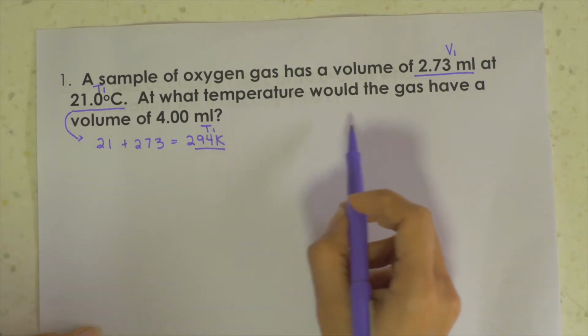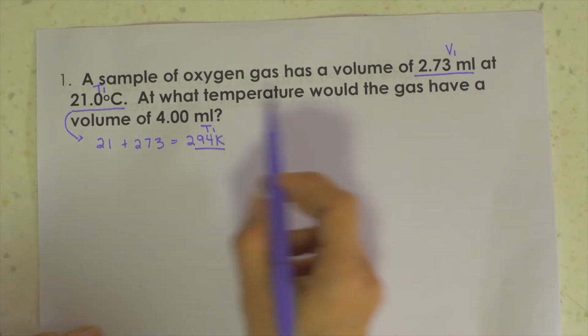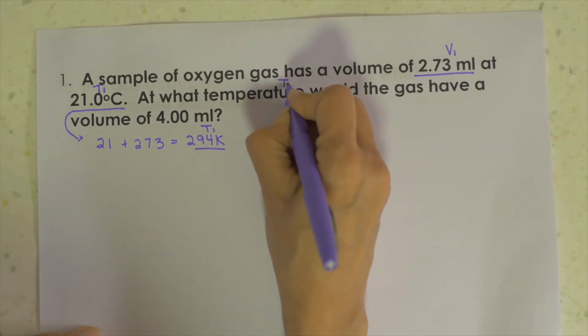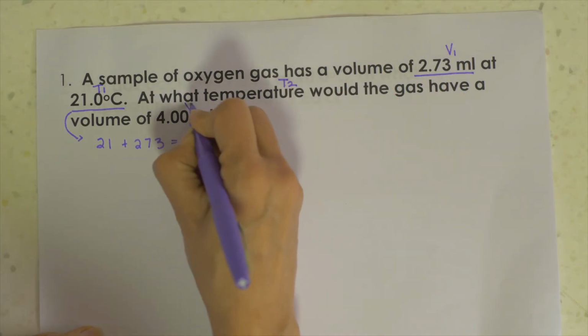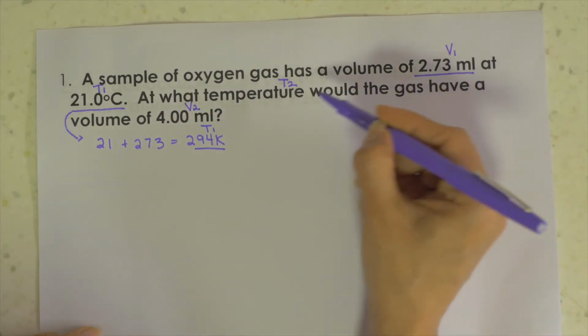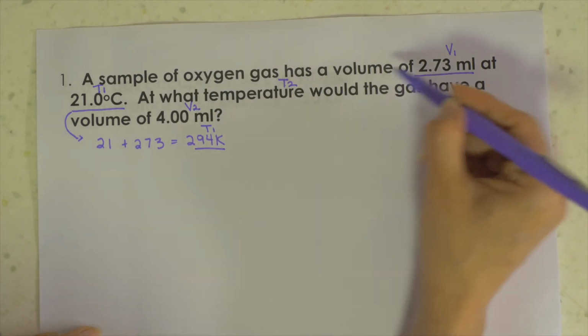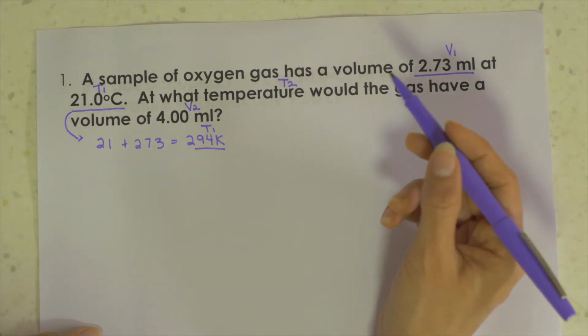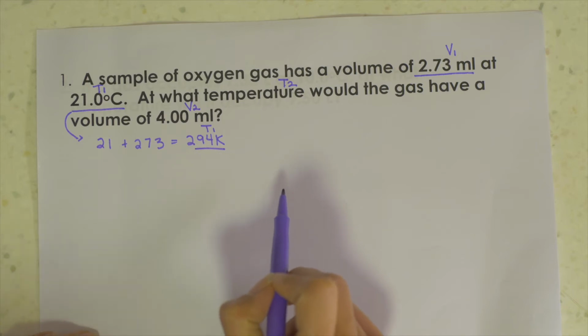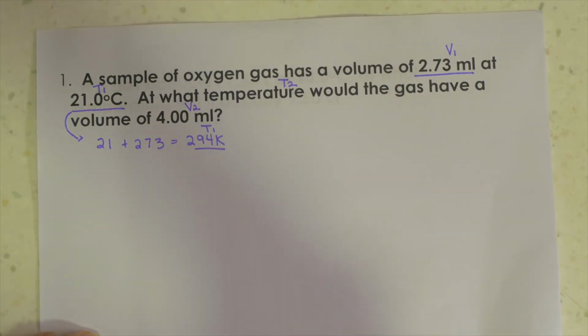At what temperature would the gas have a volume of 4 liters? So in other words, what's my T2 if my V2 is 4 liters? So here we're going to notice that we're increasing my volume. So we should see, if we do it correctly, an increase in temperature. And we're going to find that temperature in Kelvin.